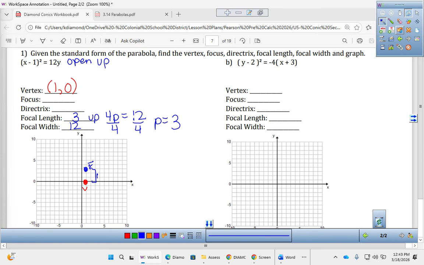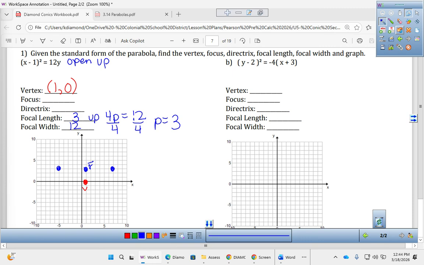Because a parabola is symmetrical, I want to distribute that 12 evenly, which is 6 and 6. So I'm going to go 6 from the focus, because it's a focal width. I'm going to go 6 to the right and make a point, and 6 to the left and make a point. So 1, 2, 3, 4, 5, 6. 1, 2, 3, 4, 5, 6. This distance here is my focal width. If you counted the blocks, there would be 12 of them.